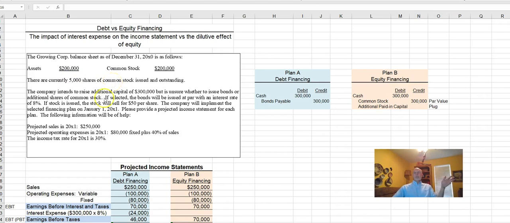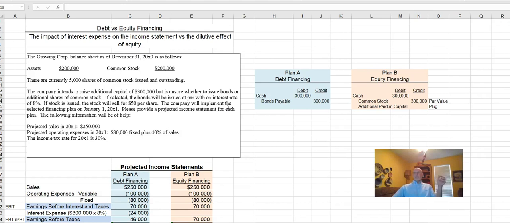Now the company intends to raise an additional capital balance of $300,000. So we've already got $200,000, and we want to get another $300,000, and we're trying to decide if we want to borrow the money by issuing bonds or issue additional shares of common stock.